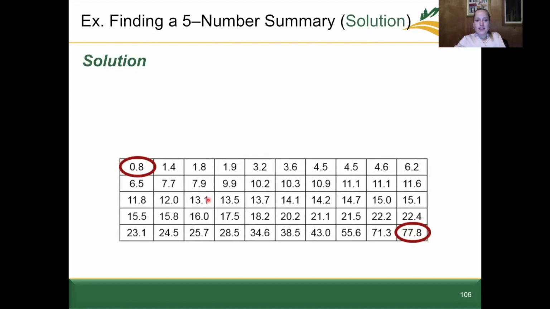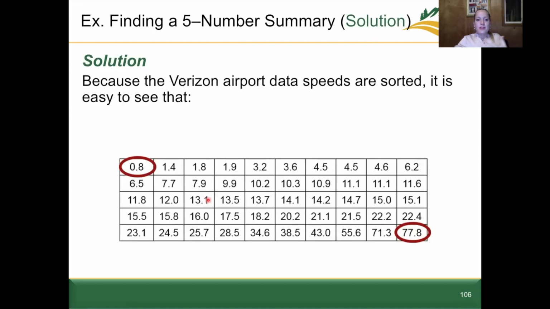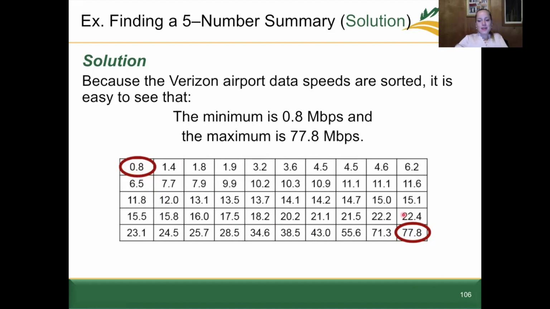Recall in that 5-number summary, we're looking for the minimum and the maximum data value. Here, because this data is sorted, which you should do before analyzing the data, we can see pretty easily that the minimum data value in this sorted list is 0.8. Also, we can see that the maximum data value in this sorted list is 77.8.